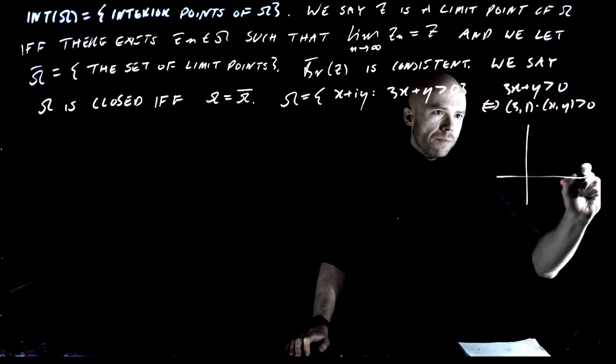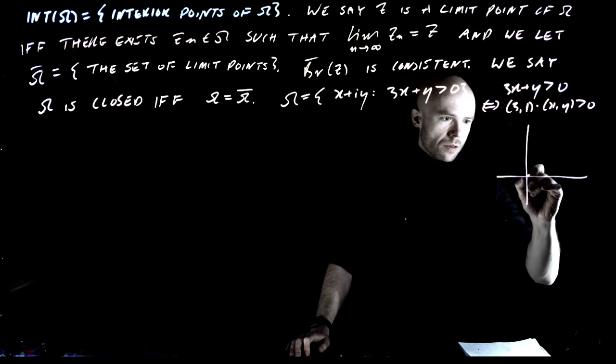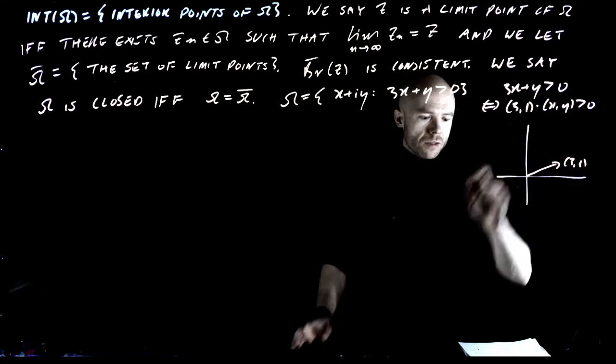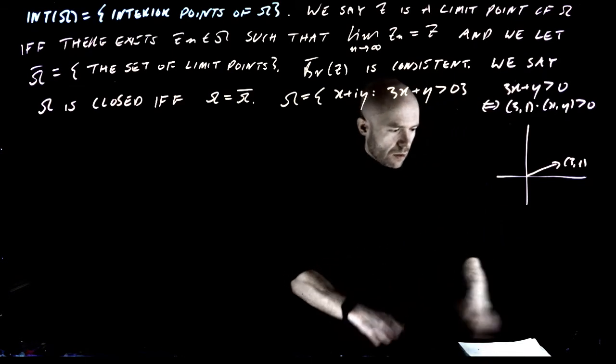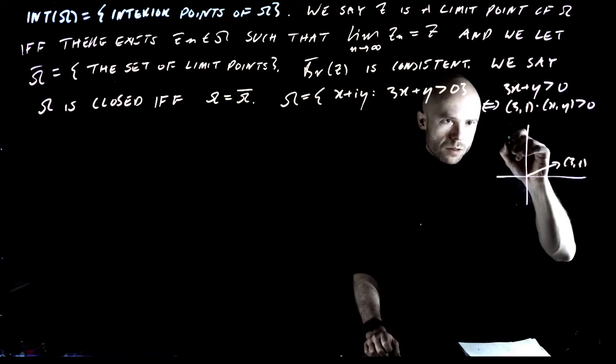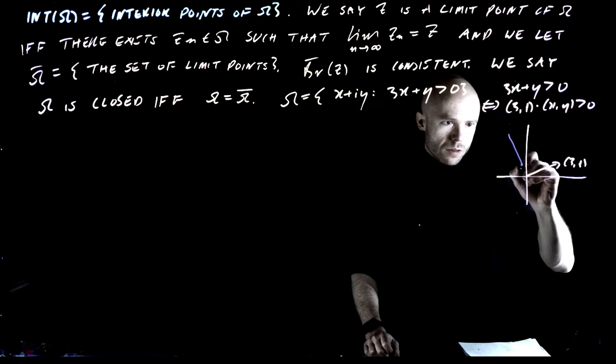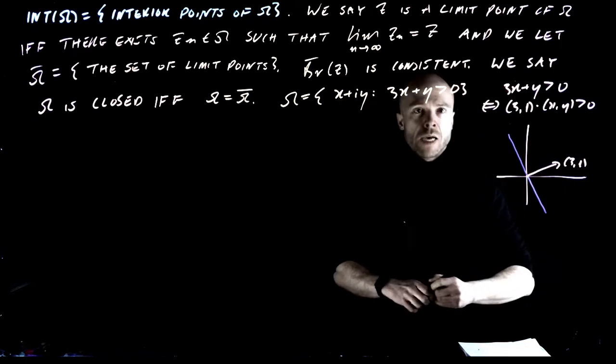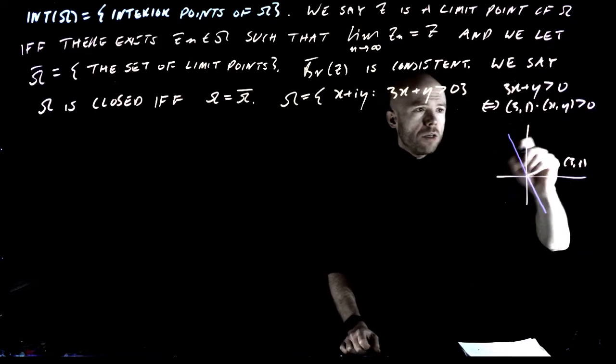So if we draw the vector (3,1), it looks like this. The dot product is bigger than 0. Let's take the perpendicular line to this, like this, yeah? And what is the set of points? This is strictly positive.